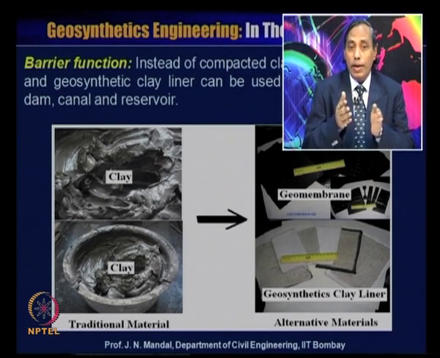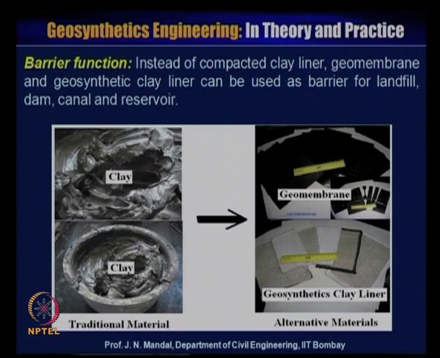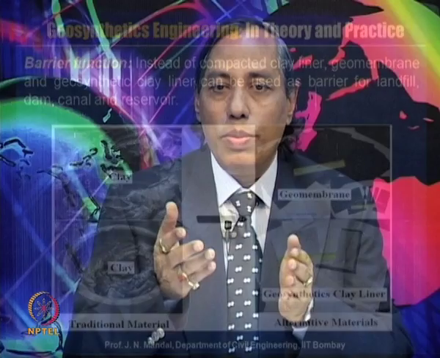As an alternative to that thickness of compacted clay liner, you can simply use geomembrane or geosynthetic clay liner. This is also an impermeable material, and the geomembrane thickness may be 0.5 millimeter to 2 millimeter, 0.75 millimeter or 2.5 millimeter.